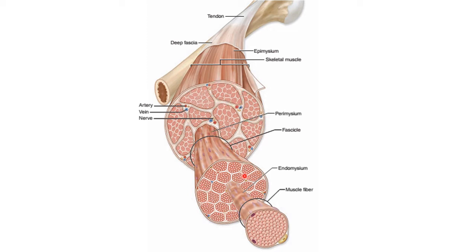We took one of them out like this. This one is a muscle fascicle surrounded by perimysium. So the perimysium is surrounding each muscle fascicle or muscle bundle.